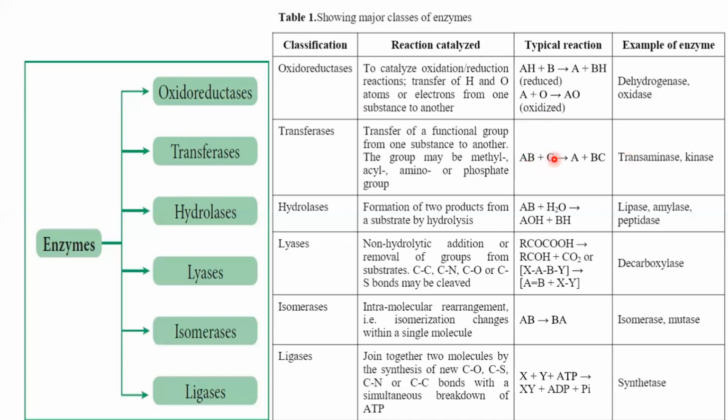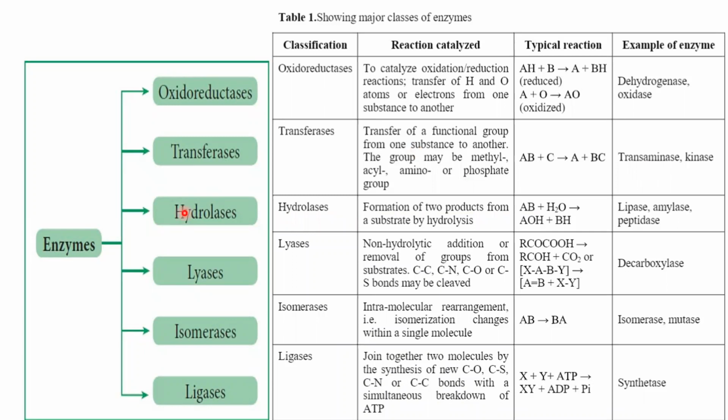Now the B has been transferred from A to C in the presence of this enzyme. So this is how the transferases work. It is the transfer of a functional group from one substance to another, maybe a methyl group, acetyl, amino or phosphate group. This is the primary function of transferases, and the example enzymes are transaminases and kinases.